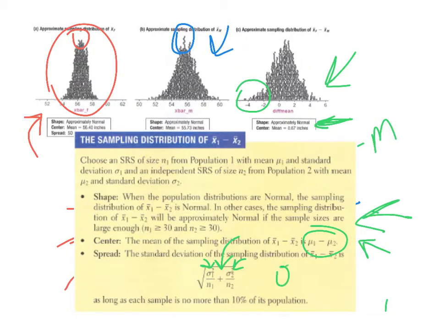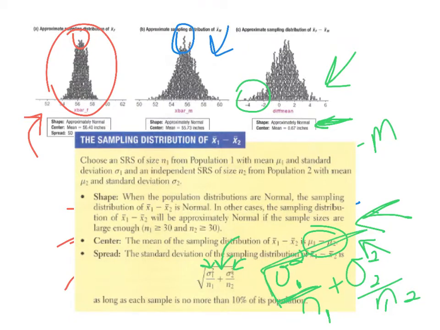Let's make sure we separate those numbers out. Right, so this is my standard deviation squared of sample 1. That's why I have that subscript of the 1, over sample size 1, plus the standard deviation squared of sample 2 over sample size 2. And then I take the square root of all of that.